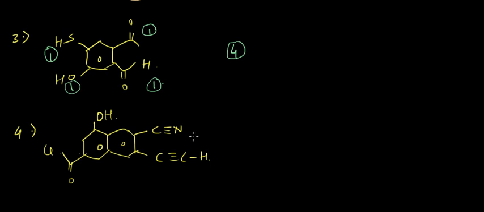Now in this case, one can attack here, two can attack here, then one can attack here. What else? So we can have two here, because there are two double bonds.